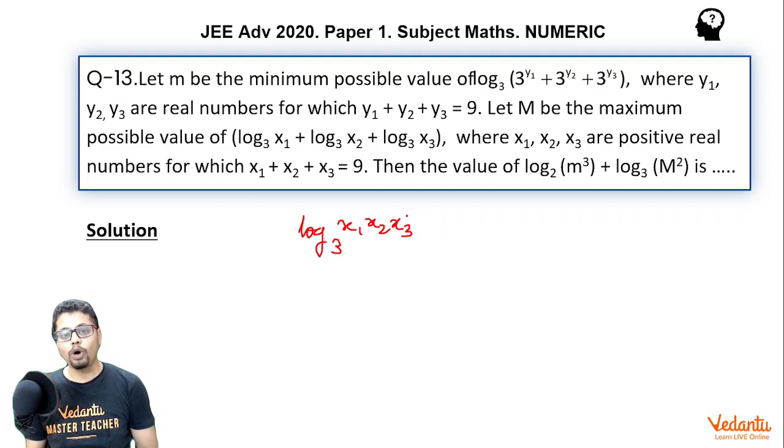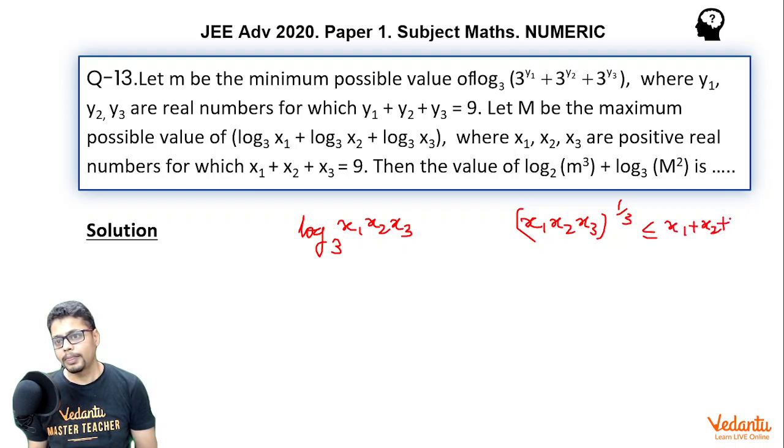Now, if I can comment upon the maximum possible value of x1 x2 x3, I would get this value capital M. So here, if I use AM greater than or equal to GM, or you may say GM less than or equal to AM, I would get x1 x2 x3 less than or equal to ((x1 + x2 + x3)/3)^3, which is (9/3)^3, 3 to the power 3.